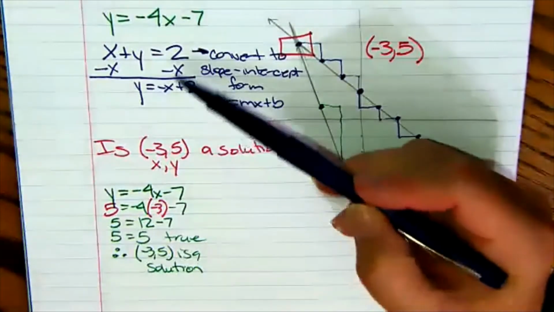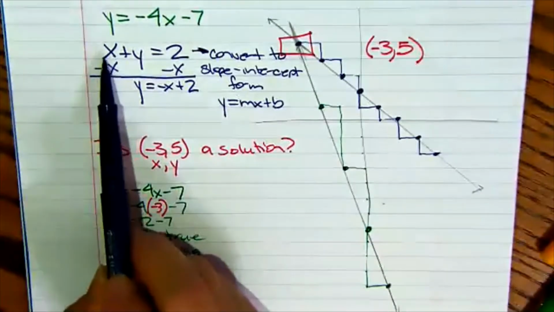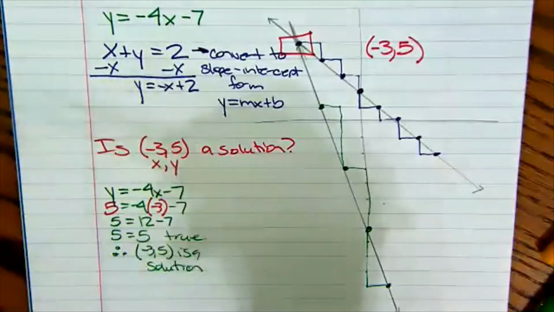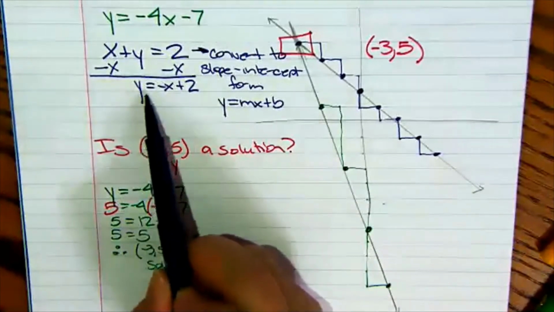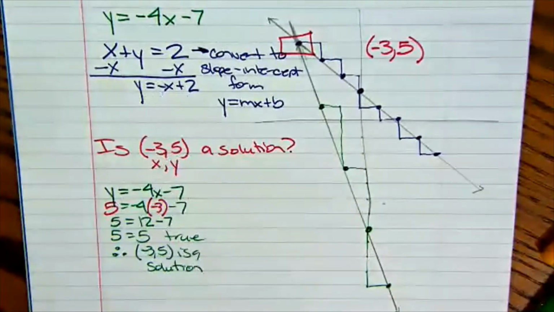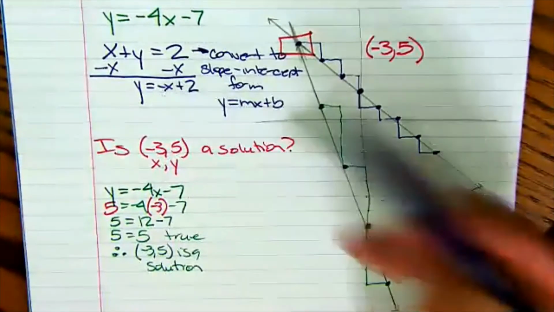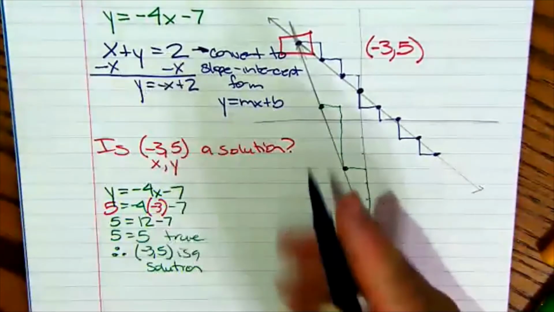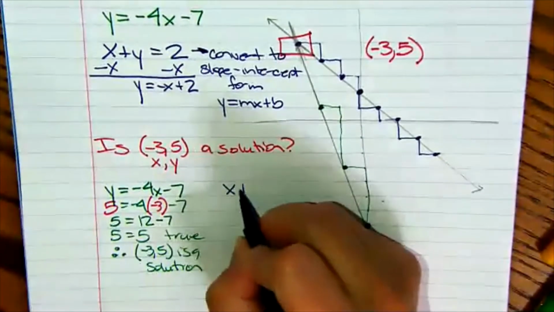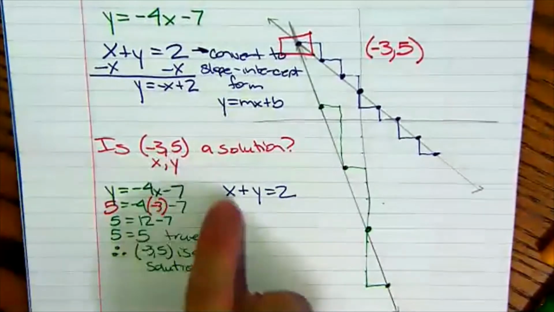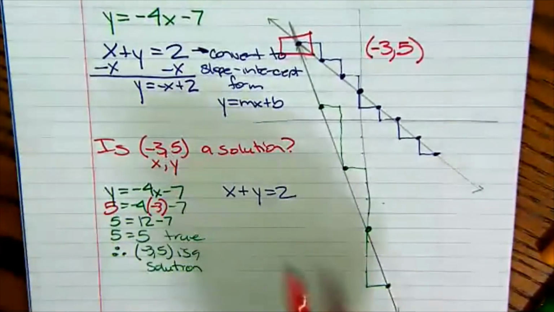But now let's plug this point or substitute this point into this equation. Now, when I'm working with this equation, I can use this, x plus y equals 2, or I can use this, y equals -x plus 2, because they are equivalent equations. So I'm going to use the original equation. It just looks easier. And I'm going to substitute this point into here.